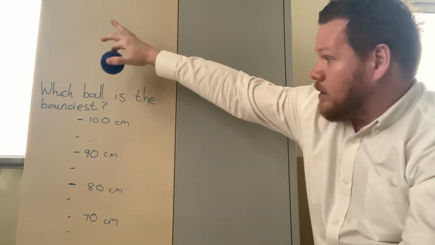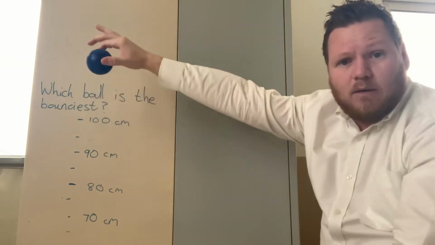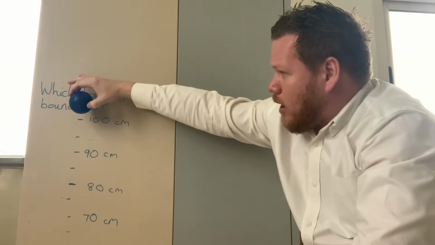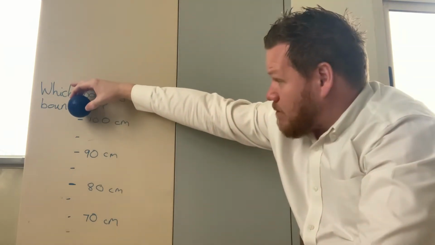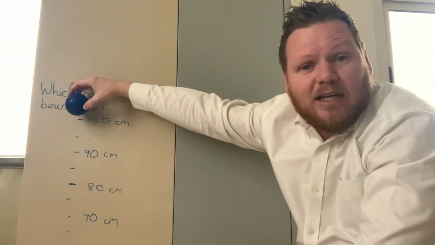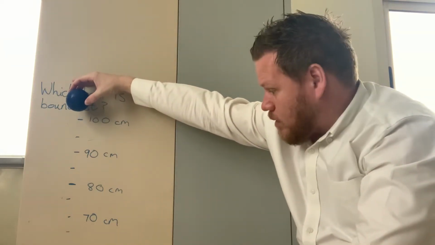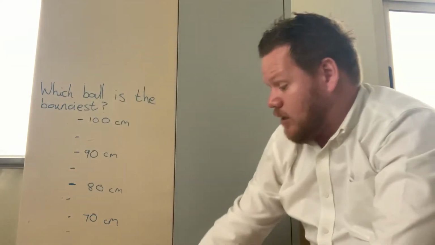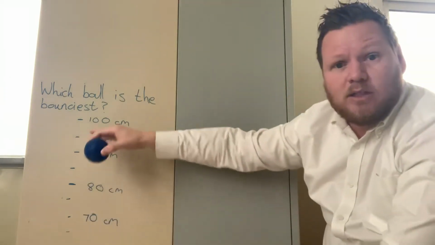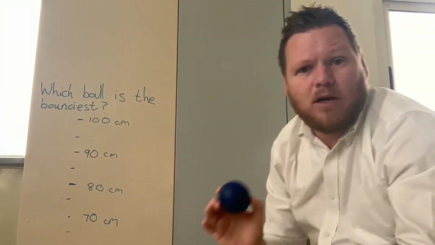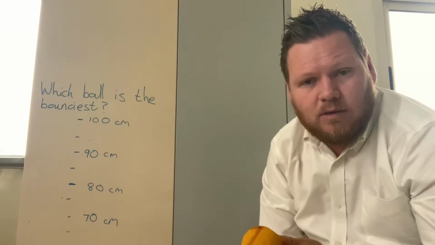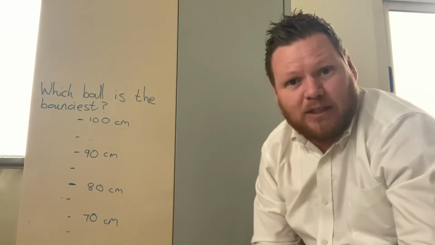Now I'm going to, one by one, hold my ball at the same height, at 1 meter, which is the same as 100 centimeters. And then I'm going to drop the ball, and I'm going to see how high it bounces back up. Then I'm going to write that down, and that will be my evidence.